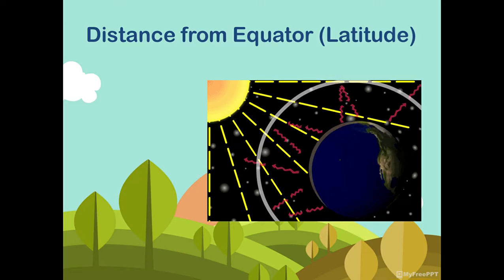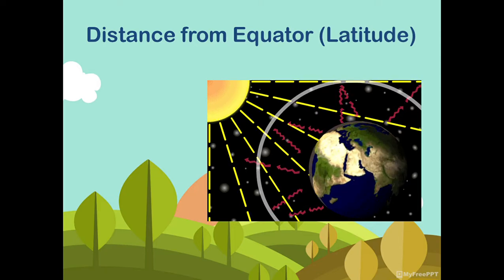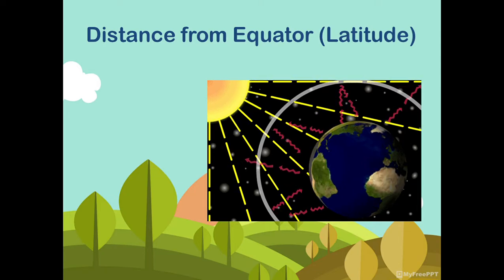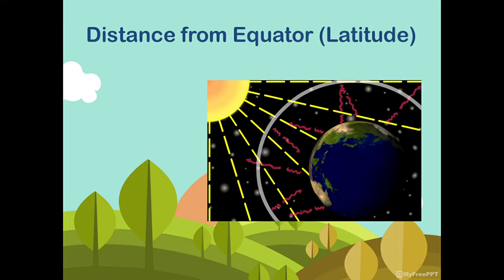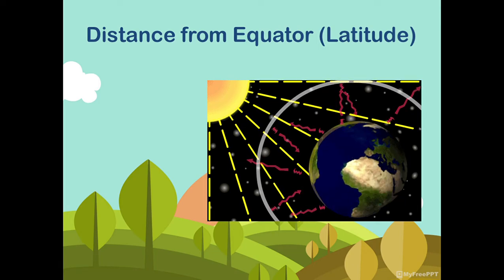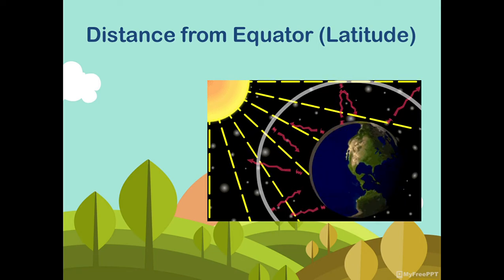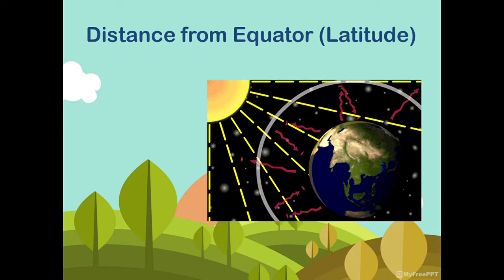The earth gets heated by the rays of the sun falling on it. Look at the rays of the sun falling on different parts of the earth near the equator. The rays fall vertically, but near the poles they fall slanting.